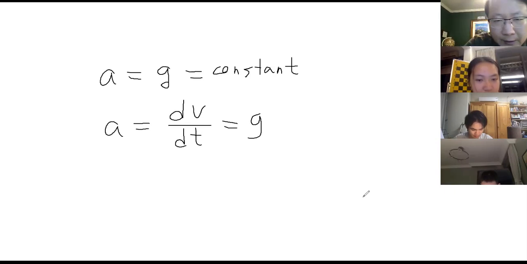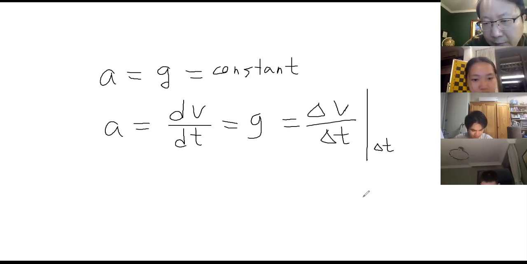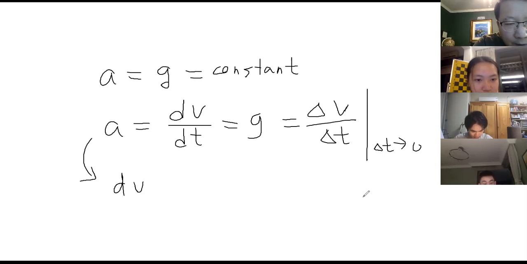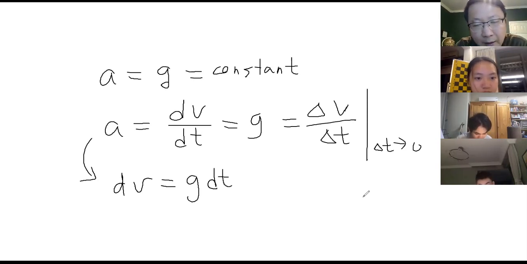This is dv/dt with dt approaching 0, correct? Now from here I can say dv equals g dt. Can anybody understand this part? Can you repeat it one more time?